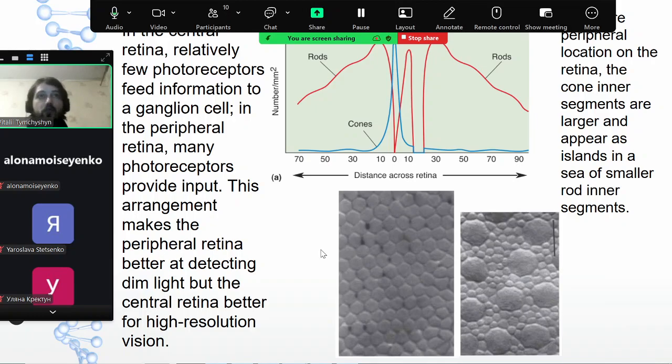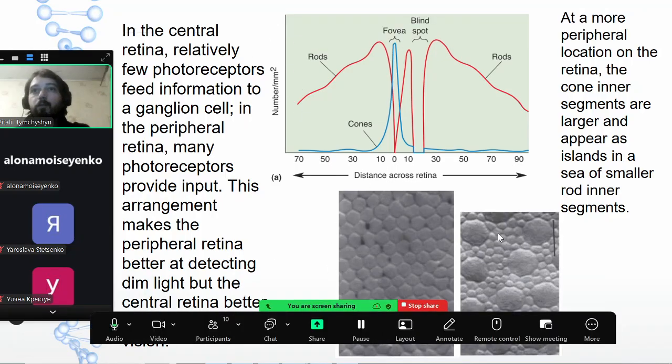So if you have few photoreceptors passing signal to one cell, there's a higher chance that at least one of them will capture some photon and will generate some signal to the brain. But on the other hand, they are all coupled together, so you don't have as nice a resolution as you could have.